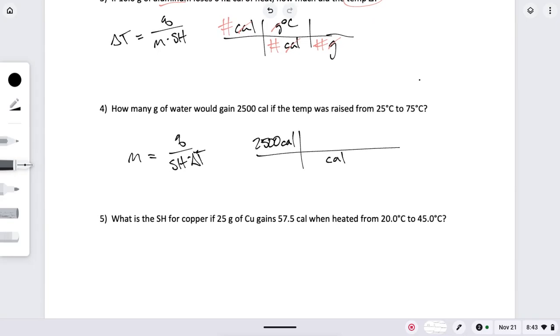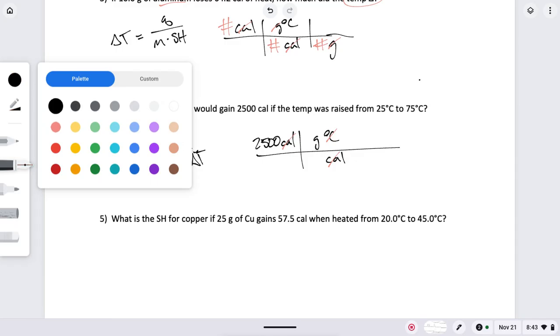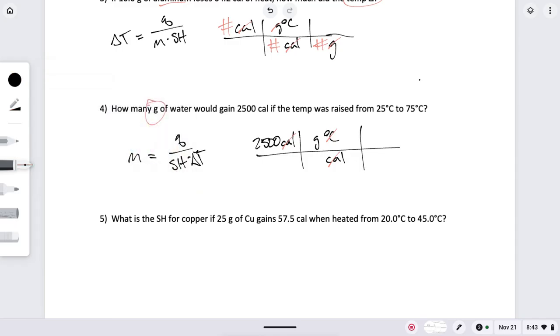To get rid of those calories, I'll be left with grams and degrees Celsius on the top. This time I want a gram answer. So it makes sense for me to cancel this degree Celsius with something down on the bottom. So I'm going to put my temperature change, which happens to be a positive 50, on the bottom.